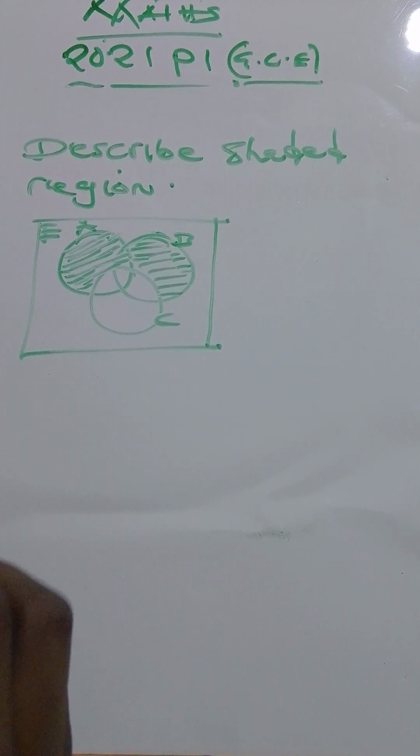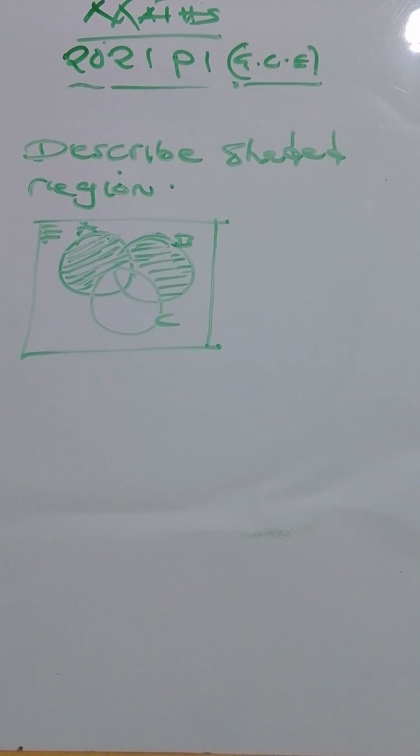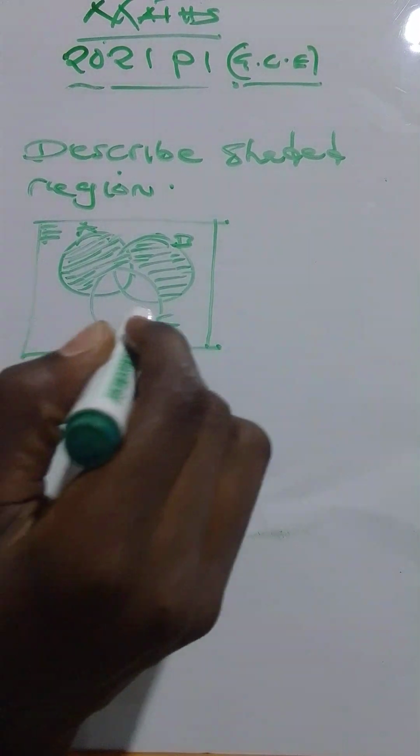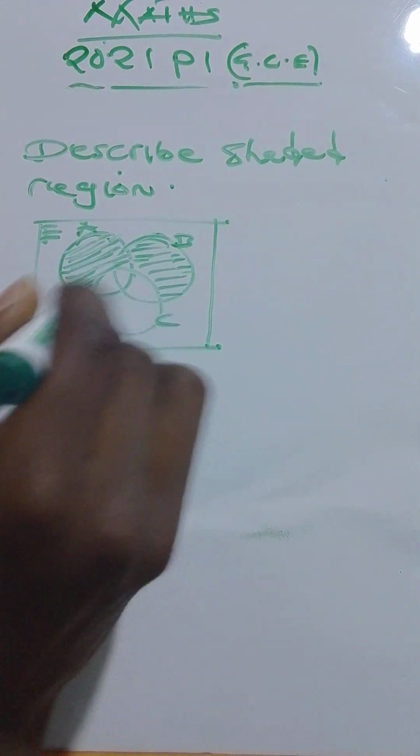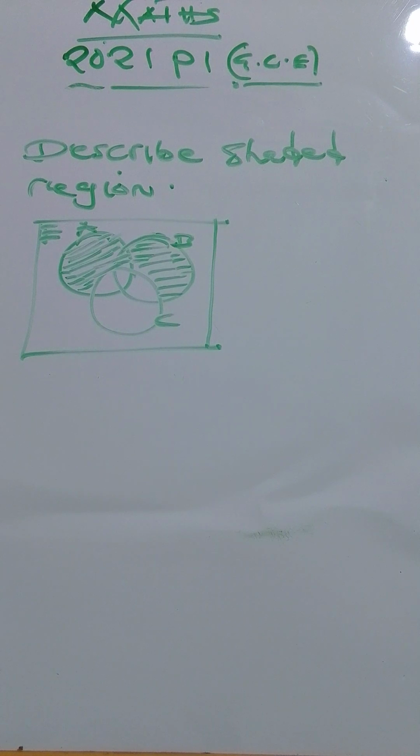So to describe the shaded region using the set notation, we need first to look at the diagram itself. So we look at C, the part for C, it is unshaded completely, while A and B are both shaded.